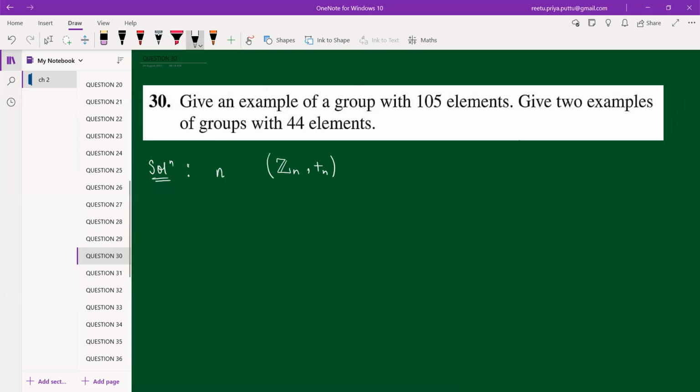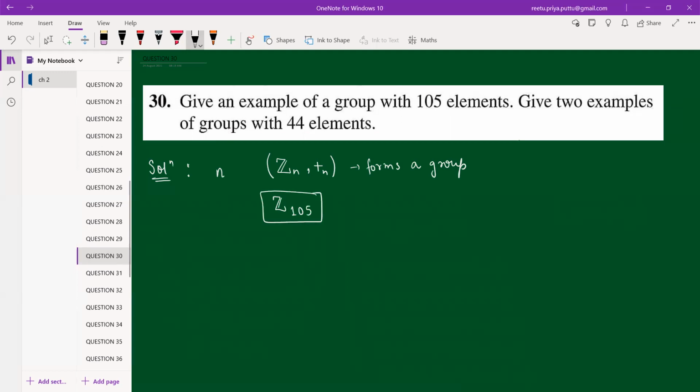For every n, this forms a group. We have read this in our theory part. If you have not read it, you can simply prove it by proving the 4 simple things required for proving a group. So this forms a group. We are asked to find one group of order 105, so you can simply write Z105 as the answer.